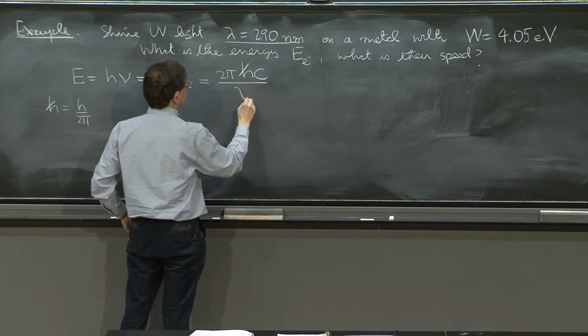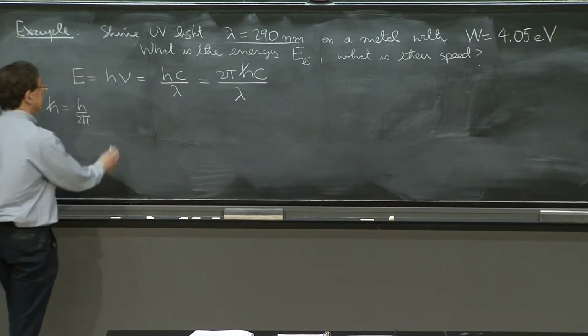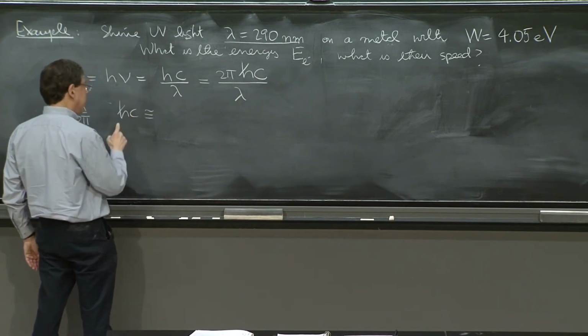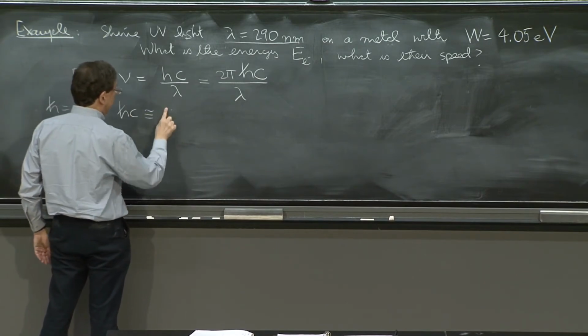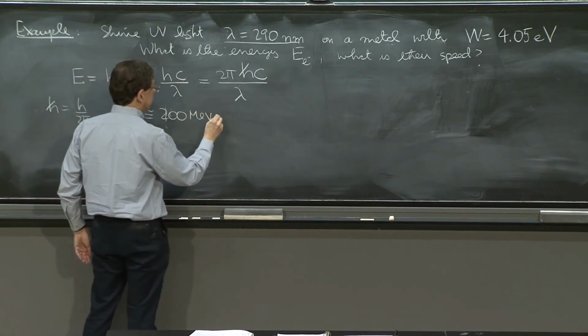So h c over lambda is 2 pi h bar c over lambda. And here is the first thing that maybe you want to remember by heart. H bar c is a pretty nice number. It's about 200 MeV times a Fermi.